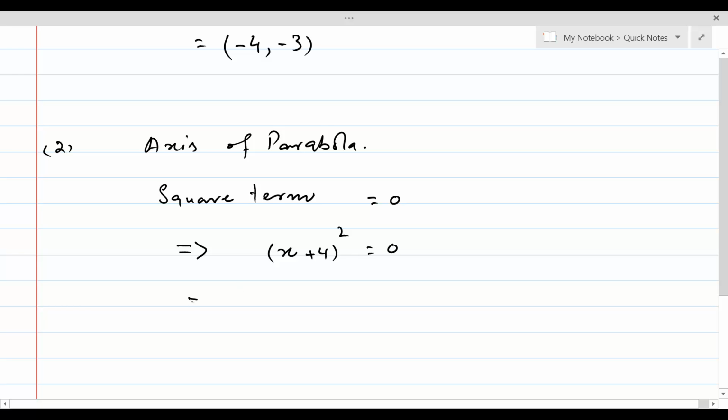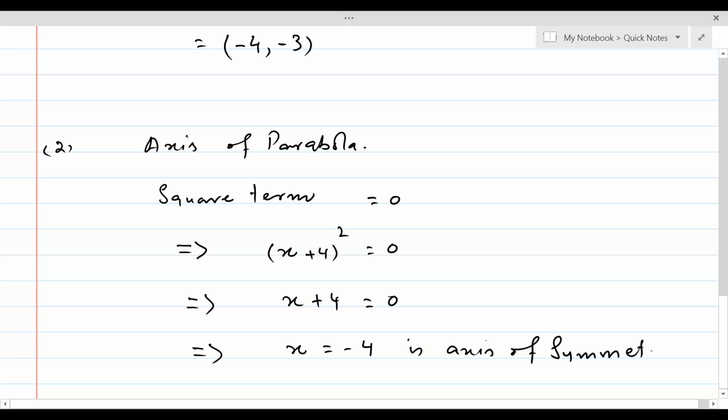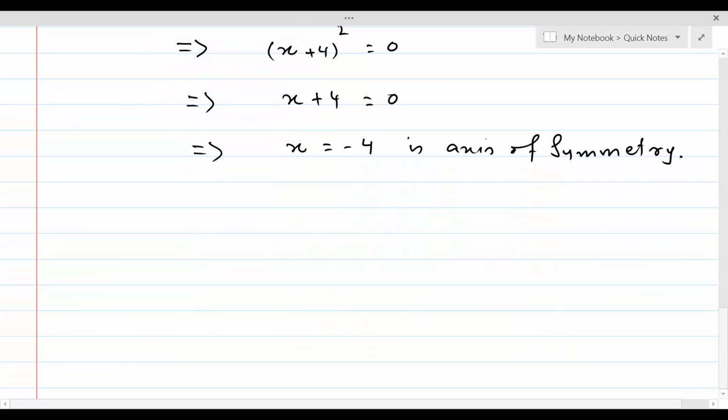This means x plus 4 is equal to 0. This means x is equal to minus 4 is the axis of symmetry, or axis of parabola. So axis of parabola is done.